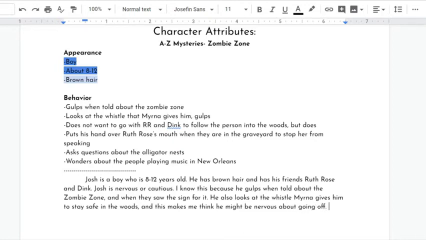From there, I might come down here and talk a little bit. This tells me a little bit about his friendship. This piece here is that he's been around Ruth Rose and Dink a little bit, and he's willing to follow them. He also has an idea about what they might do. Okay, he is also a good friend to Ruth Rose and Dink. He is willing to go with them into the woods even though he is nervous.